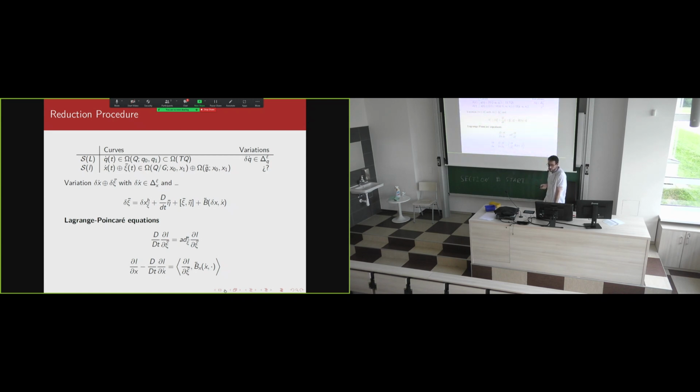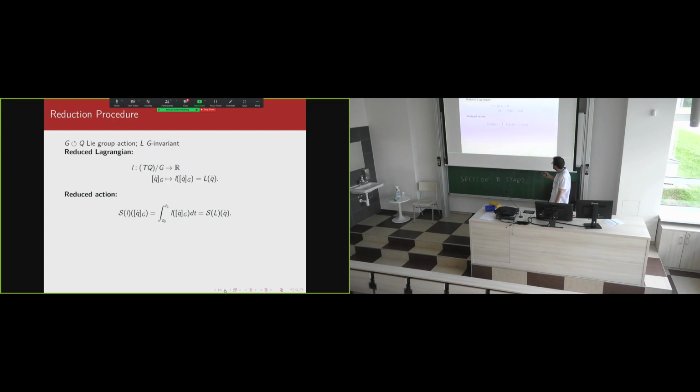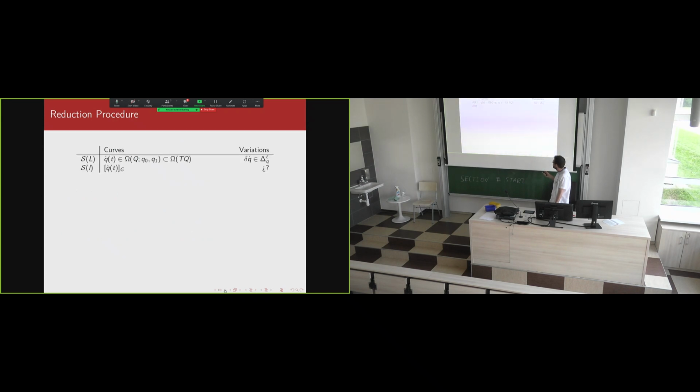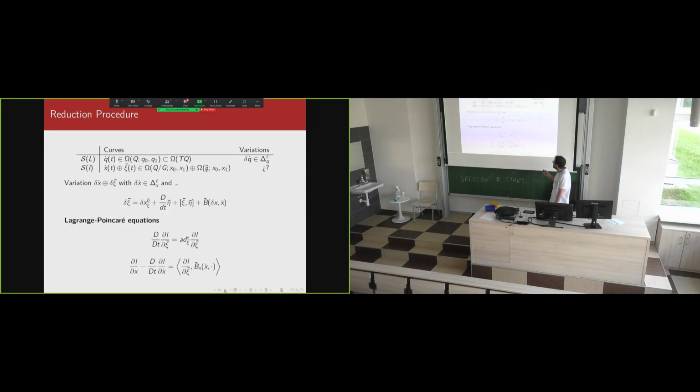And these are the equations you get from varying some functional again. So the only change is that you don't have all the variations, so you get different equations.